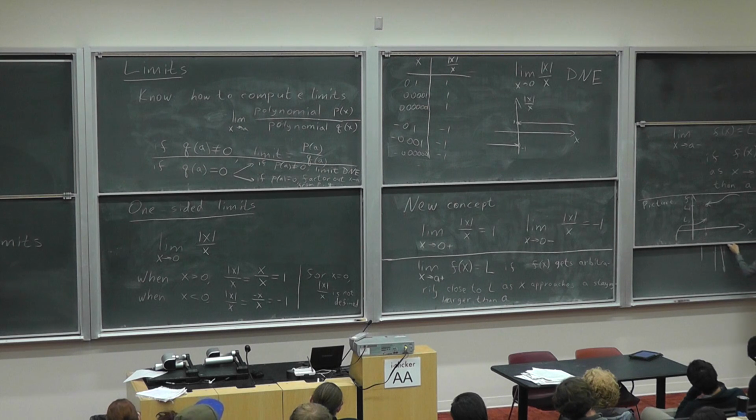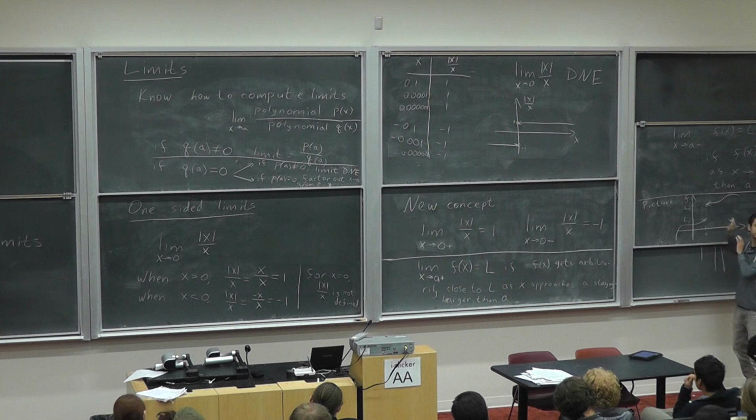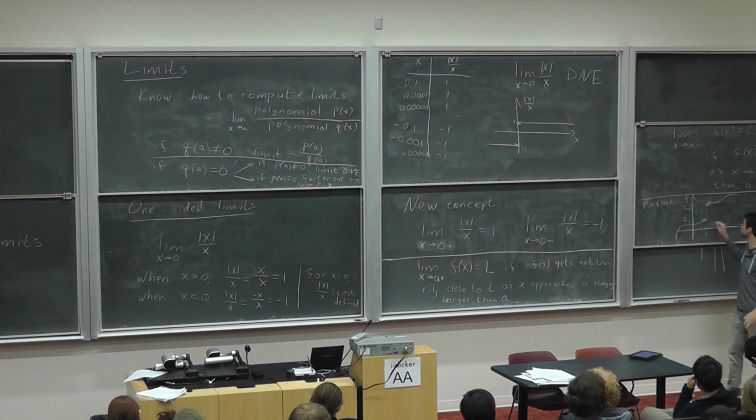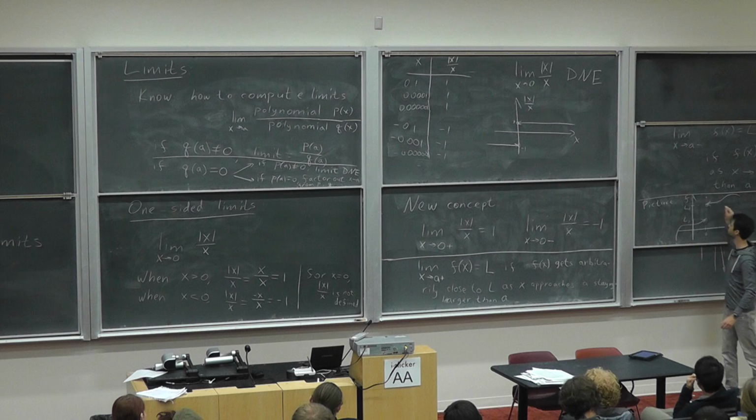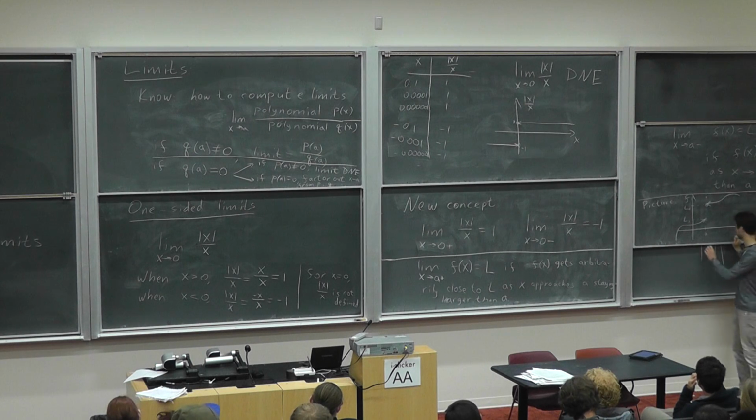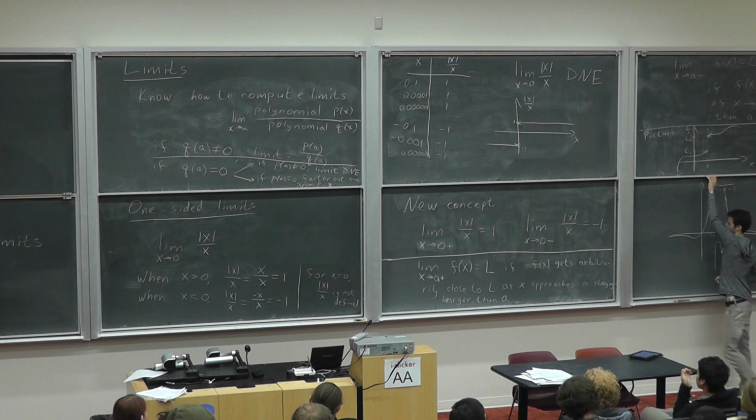And L2 is the limit of the function as x approaches a from the right. Approaches a, but is a little bit larger. And once again, the value at the point a doesn't matter at all. It can be anywhere. Maybe here. Doesn't matter.